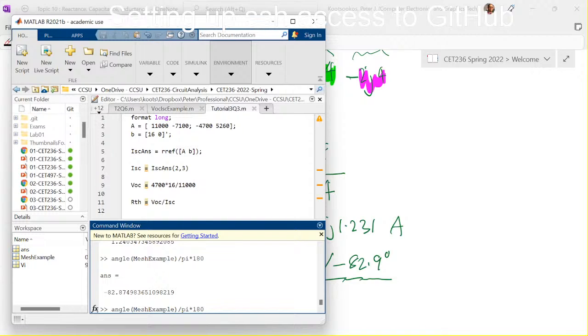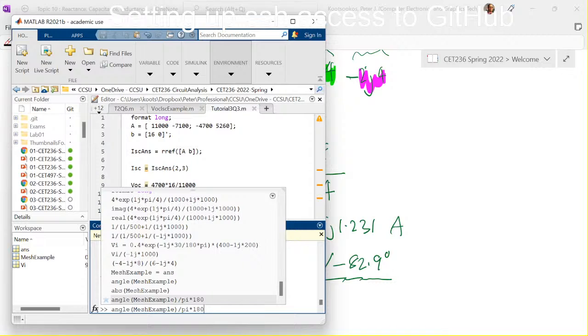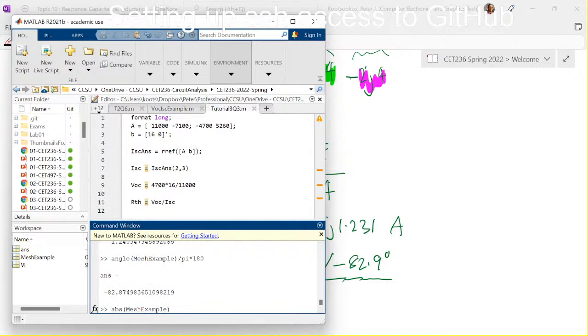So I've had to convert it from radians to degrees by dividing by pi and multiplying by 180. Right, and then the other function is the absolute value, the modulus sometimes it's called, but it's the radius of the vector from the origin to wherever the complex number is in the xy plane.